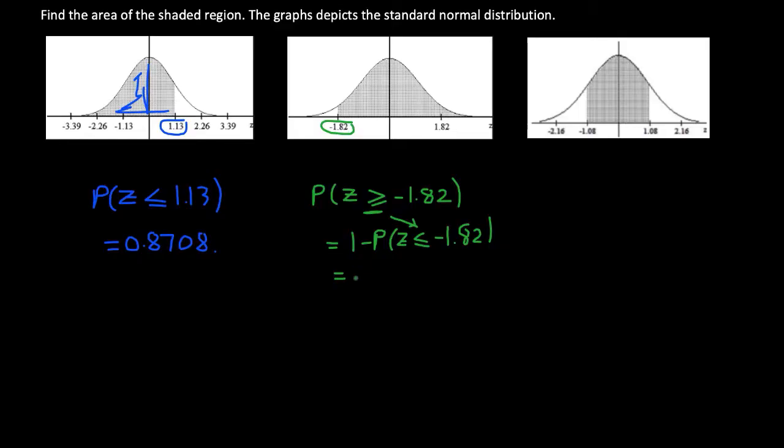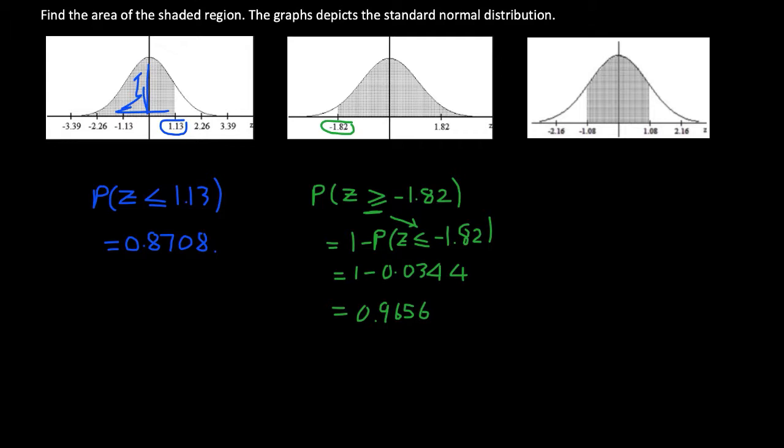So 1 minus 0.0344. Therefore this should be 0.9656. So that is the probability of area under the curve and greater than negative 1.82.